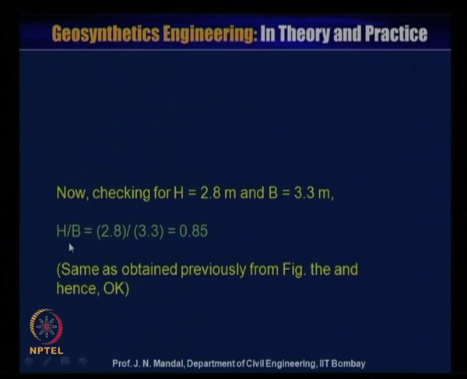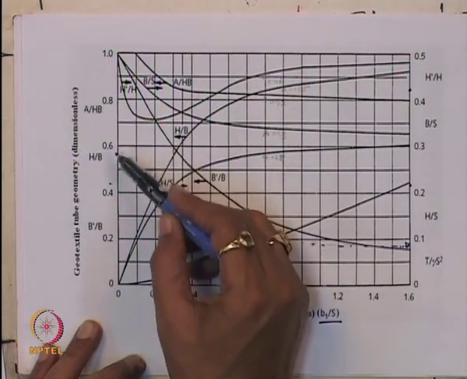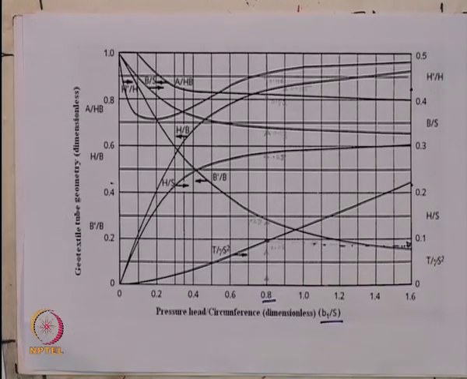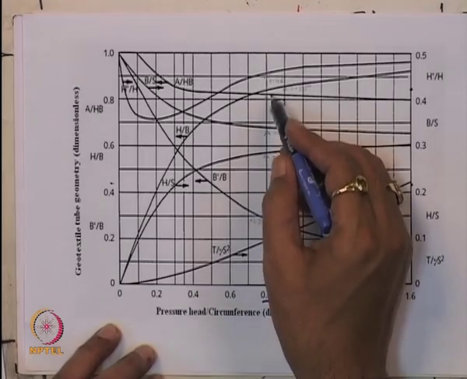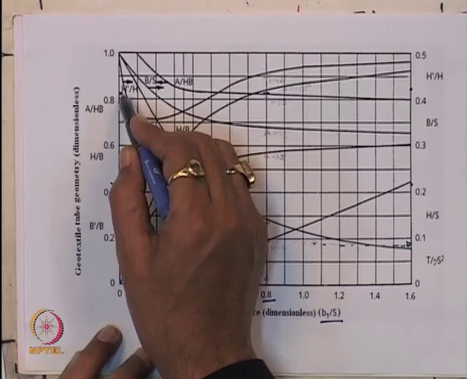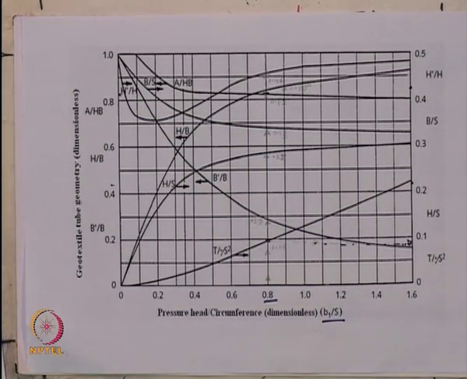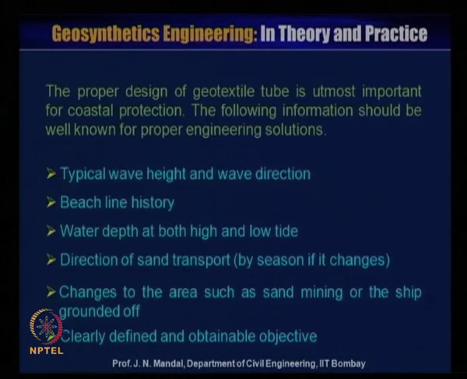So H by B, 2.8 by 3.3, will give 0.85. That means you can also check that H by B gives that value here, 0.85 on the H by B curve. So the same result you obtained previously from the figure, and hence it is OK.